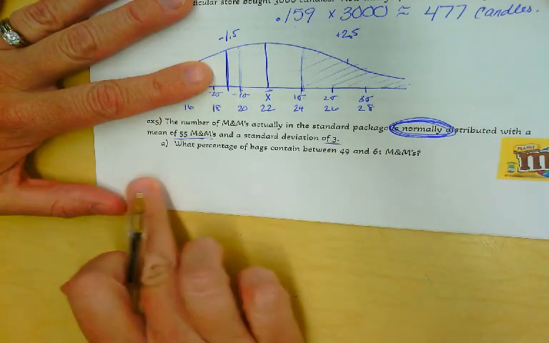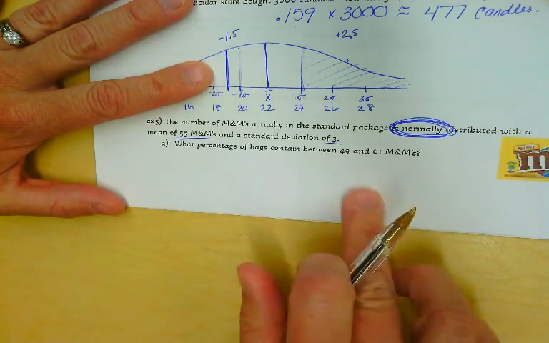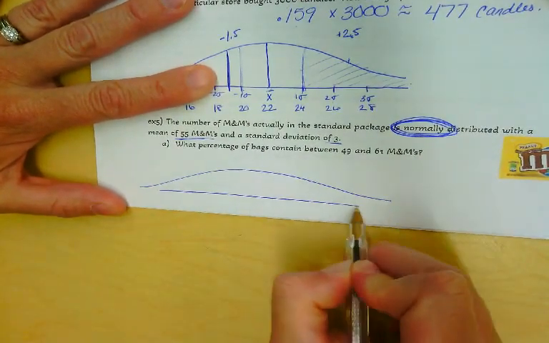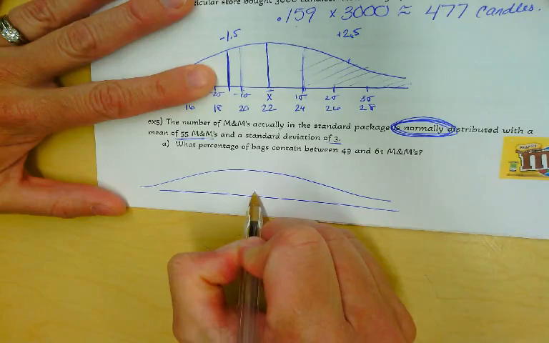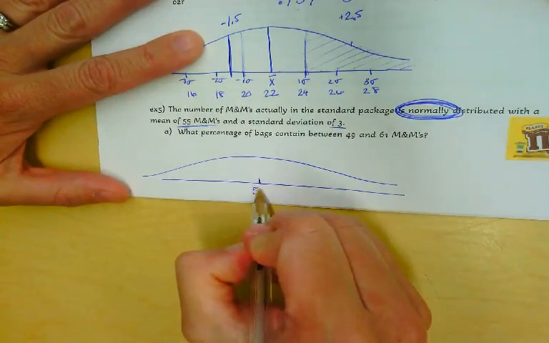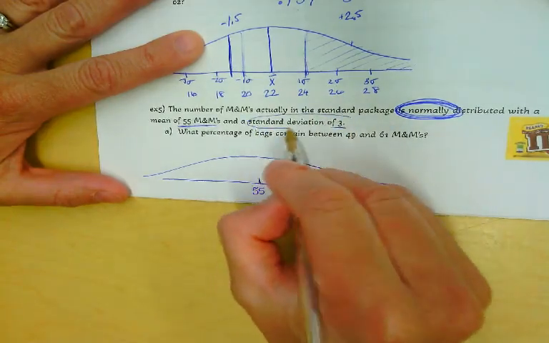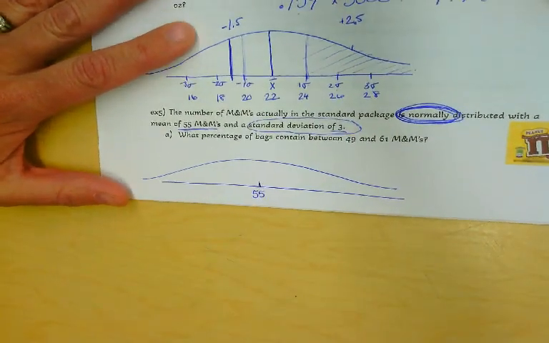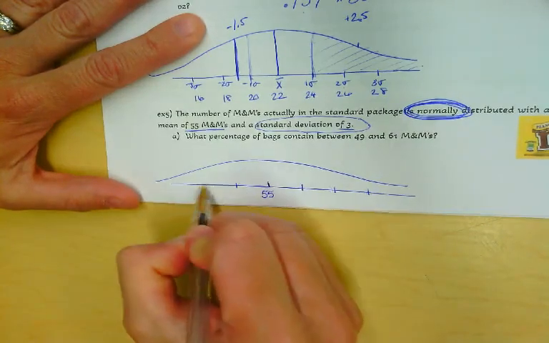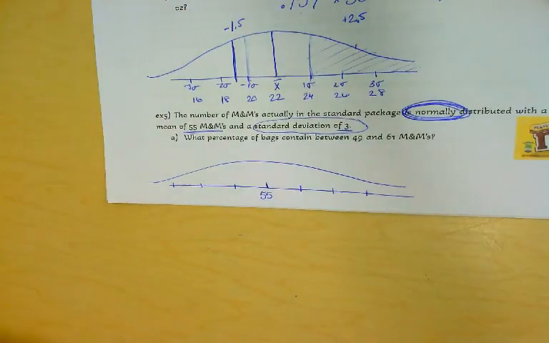So let's go ahead and draw out your normal curve, just like we did yesterday. What number always goes in the middle? The mean, good. So I'm going to put my mean of 55. And our standard deviation is 3. So we're counting out by 3, and we put a total of 3 standard deviations in. So fill out your curve, just like we did. Mean goes in the middle.